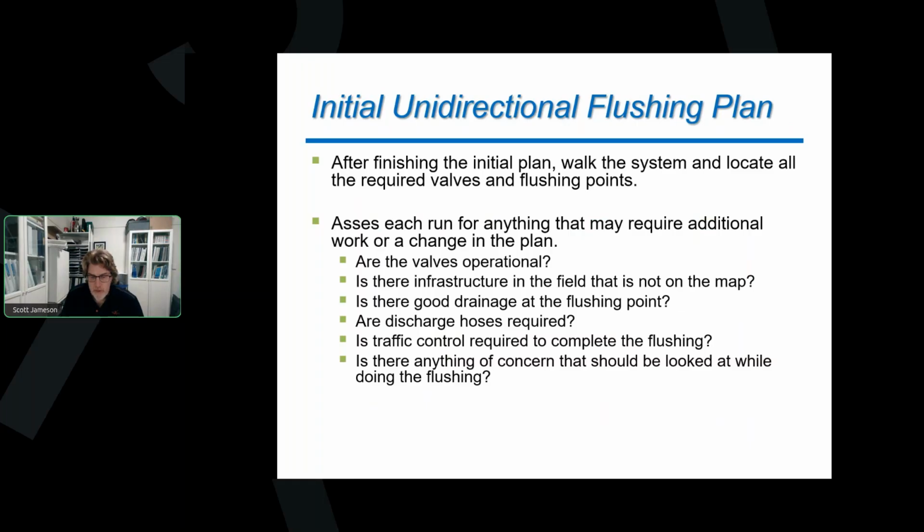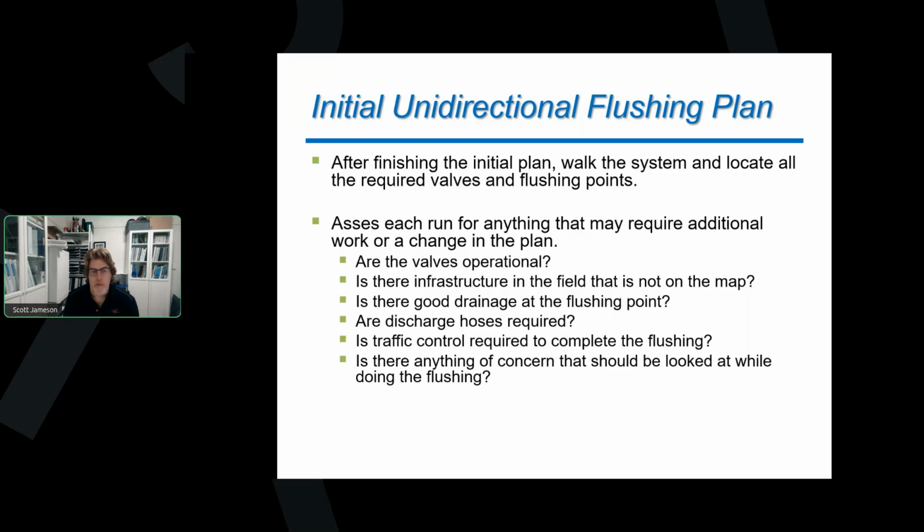And it might be as simple as, make sure that you take a 50-foot length of hose out to hydrant number 7 because you need to flush into the ditch that's across the street. That might be the note that I need to make. Or, I might have to go back to the desk and be like, hey, you know what?